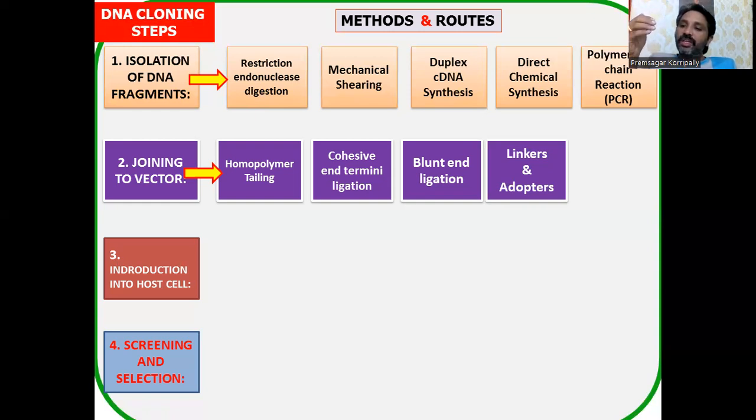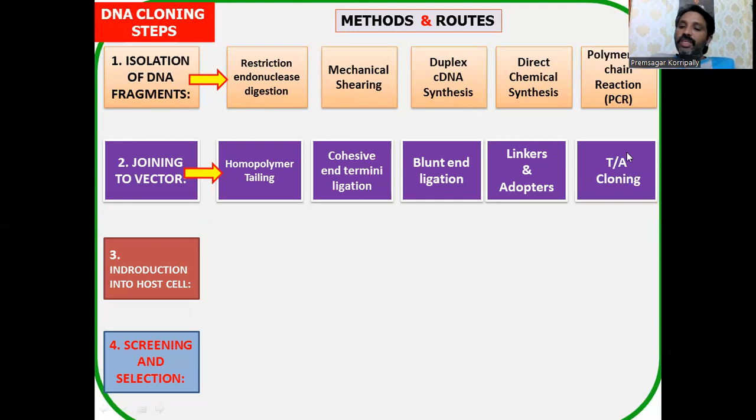Those cohesive ends are compatible to the vector and they can be ligated. And adapters are also oligonucleotides which have preformed cohesive ends. So adapters, if you add to the blunt-end DNA molecules, they have preformed cohesive ends, and they are readily ligatable with any vector.